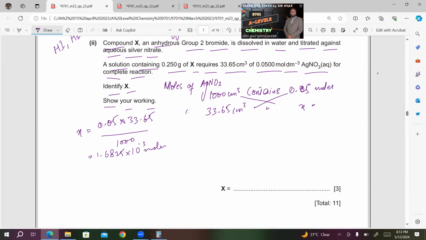Now they are saying group 2 bromide. So group 2 bromide must be reacting with 2 moles of AgNO3.